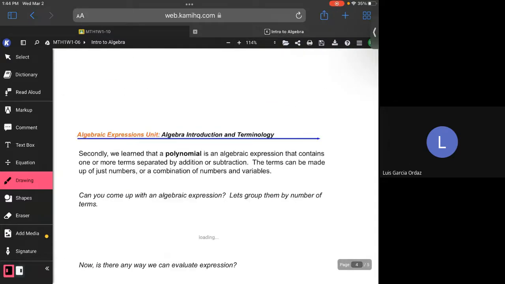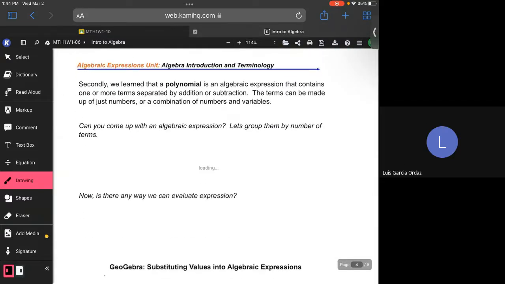And last but not least, so we learned that a polynomial is an algebraic expression that contains one or more terms separated by addition and subtraction. Can someone come up with an algebraic expression for me that has at least 4 terms?